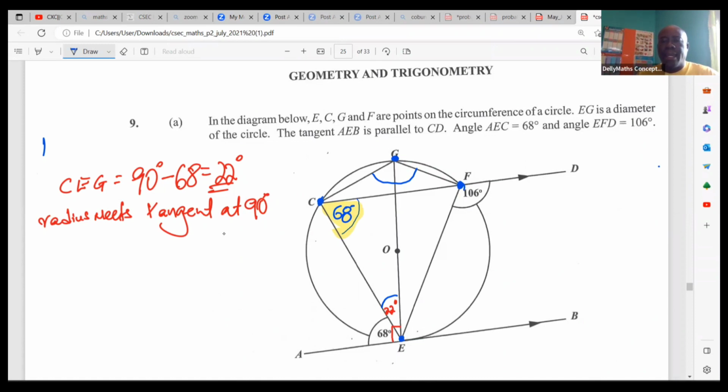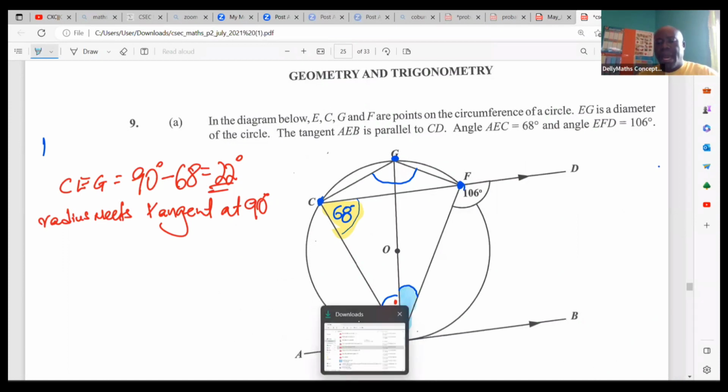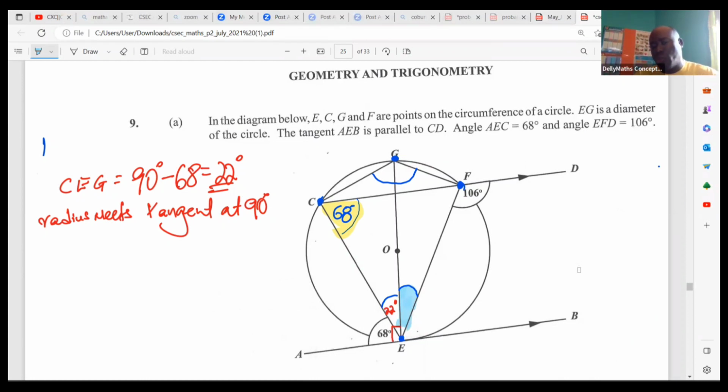Remember that the opposite angles in a cyclic quad add to give 180 degrees. So if I can find this angle in this little corner and add it to 22, we could take that from 180 and it's going to give us this. So that is our intention.